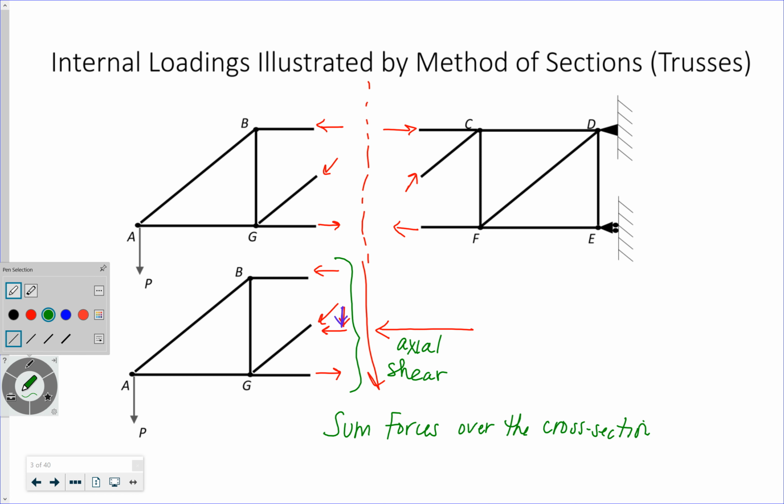And I've got a tension on the bottom and a compression on the top. That's a moment couple, right? Some distance d between the two. I'm going to have some type of moment.